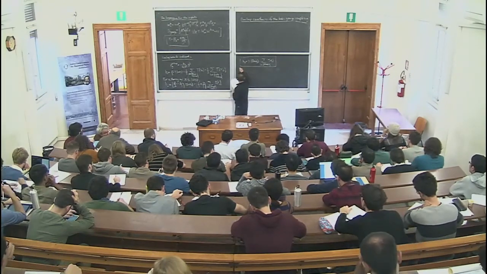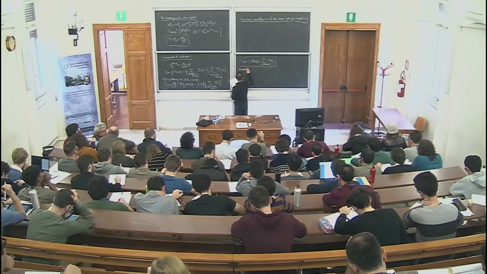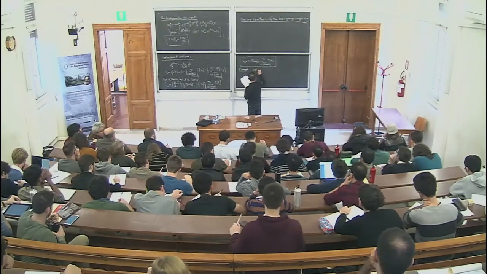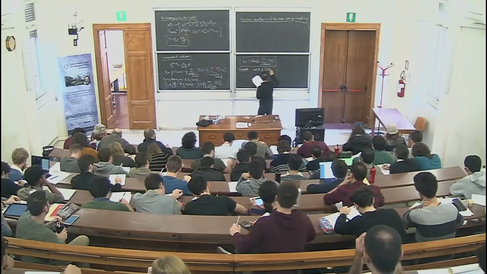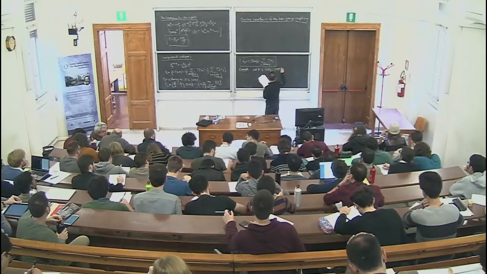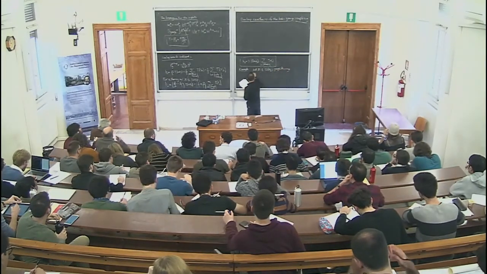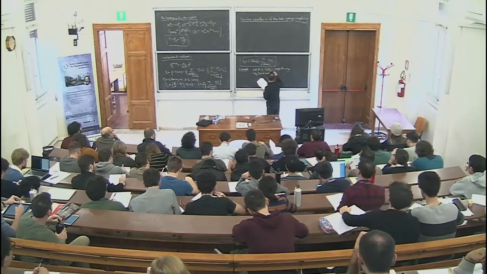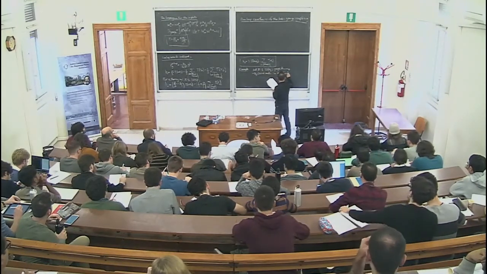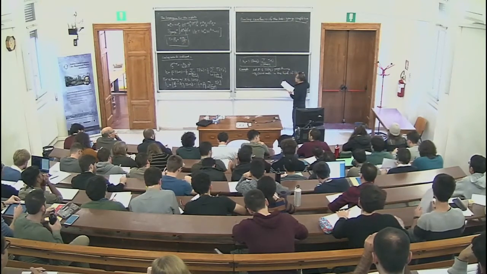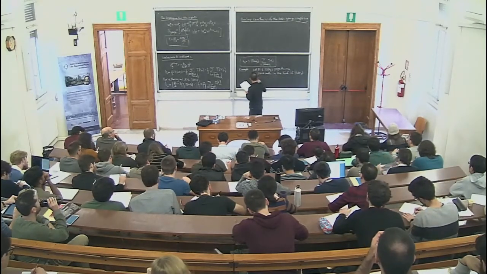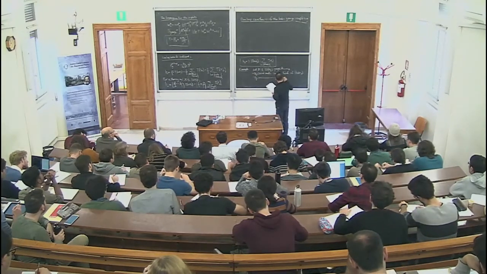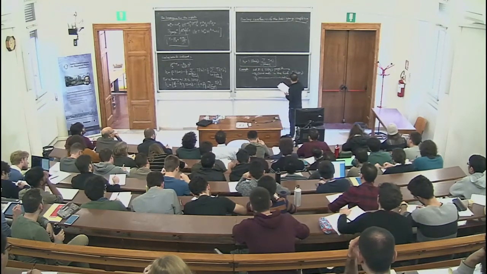Now, let's do an example. Let's take an SU(N) gauge theory for N=1, with N_F chiral multiplets in the fundamental of SU(N), and N_F chiral multiplets in the anti-fundamental of SU(N).